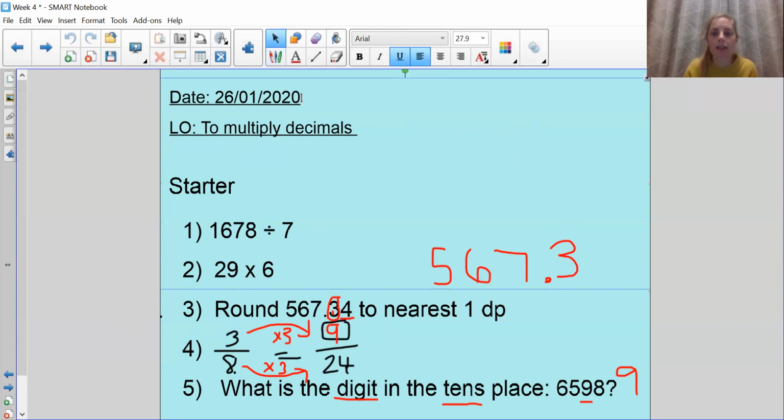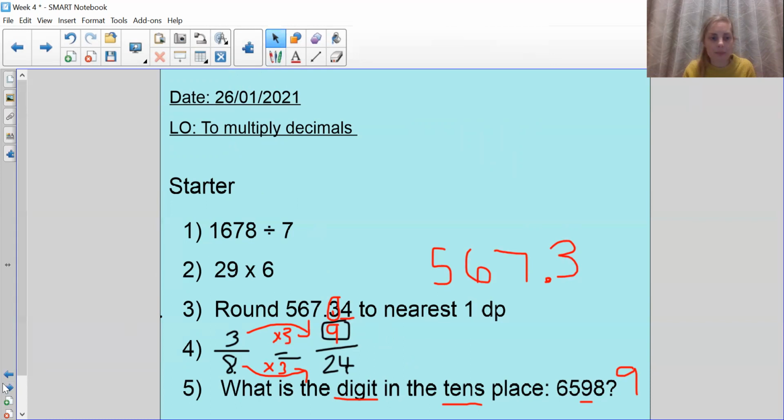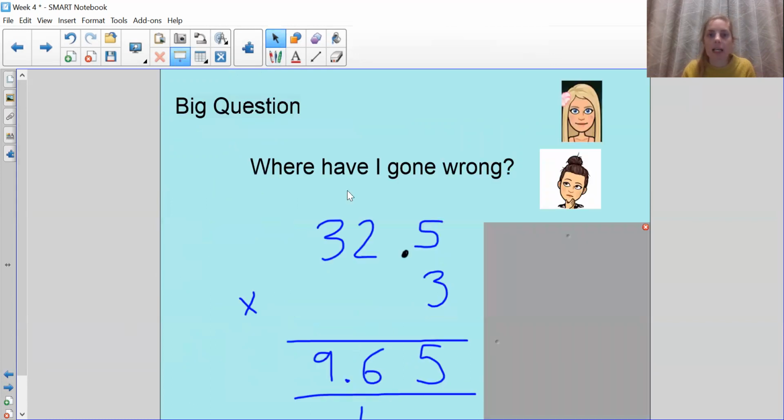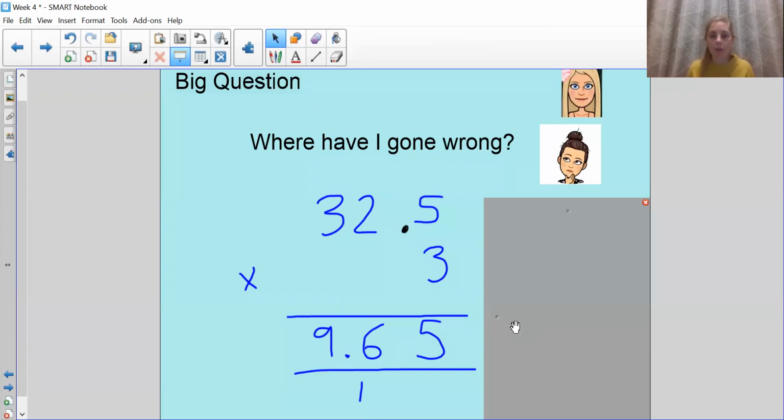And I do see that I'm living in the past here, and this is meant to be 21. All right. So let's have a look. So our big question today is, you can very quickly, without having to work anything out there, can you see where I have gone wrong? There are two things that I've done that I haven't done correctly. So if you need to pause the video, you can pause the video now.